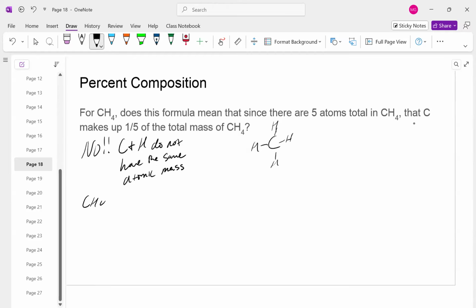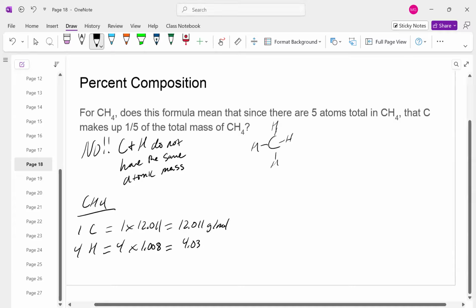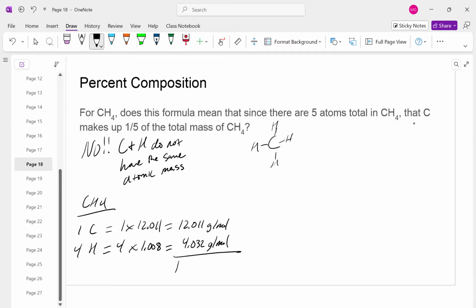So if we find the molar mass of CH4, one carbon, we look that up on the periodic table, has a mass of 12.011 grams per mole, and it has four hydrogens. So we multiply the atomic mass by 4. And so the molar mass of CH4 is 16.043 grams per mole.